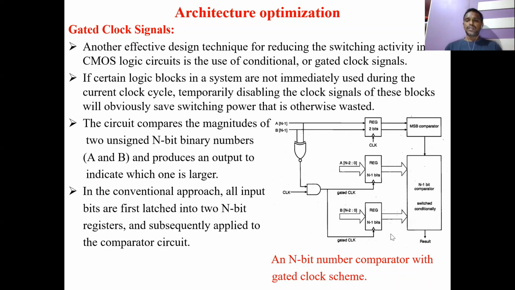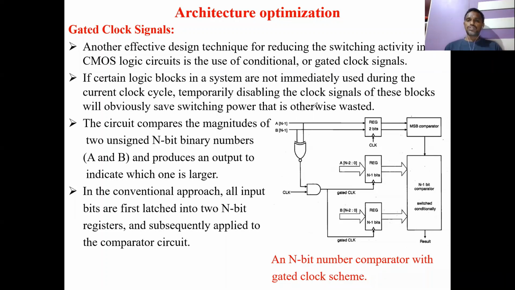This is the complete comparator circuit, but another circuit is there, that is the MSB comparator. Here we apply A and B bits to this gate and, at the same time, to this register. For this register we apply only 2 bits, the MSB bits, the most significant bits. So that is 0.